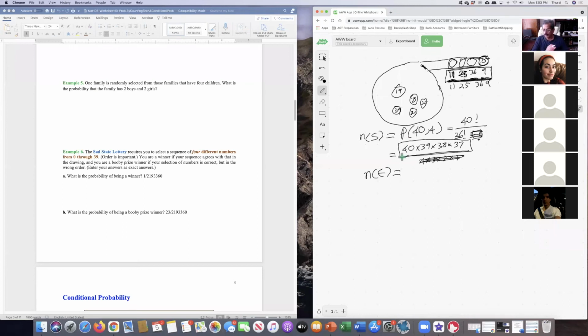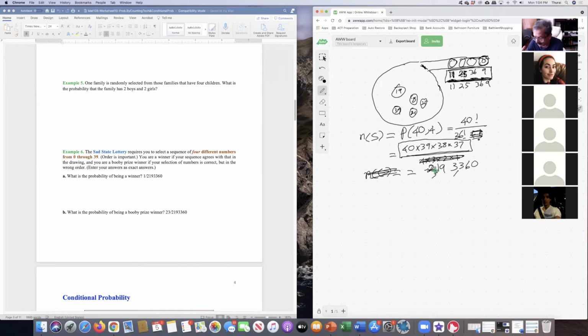Thank you for that. So still my question is, how many elements in this sample space will make you a winner? Is it just one? One element, exactly. Because the sample space has so many elements. Actually, if you simplify this, it is equal to 2,193,360. That's what that number is.